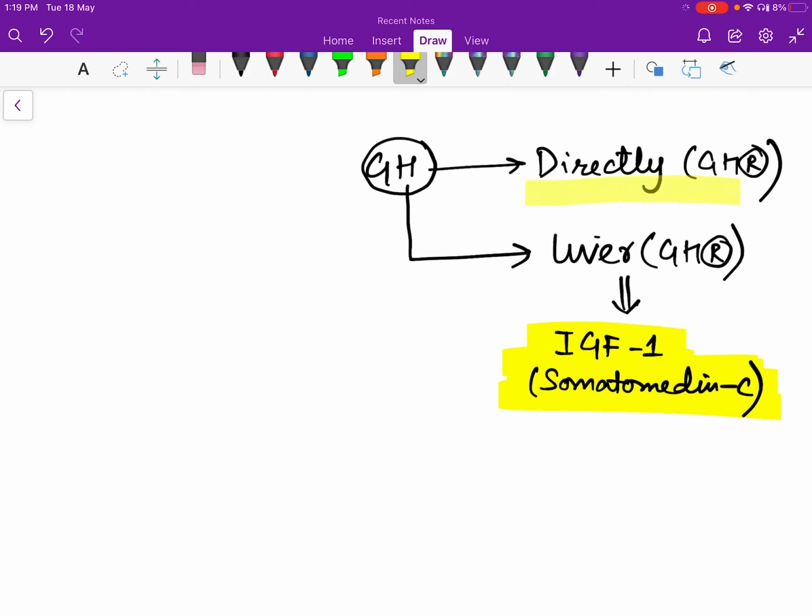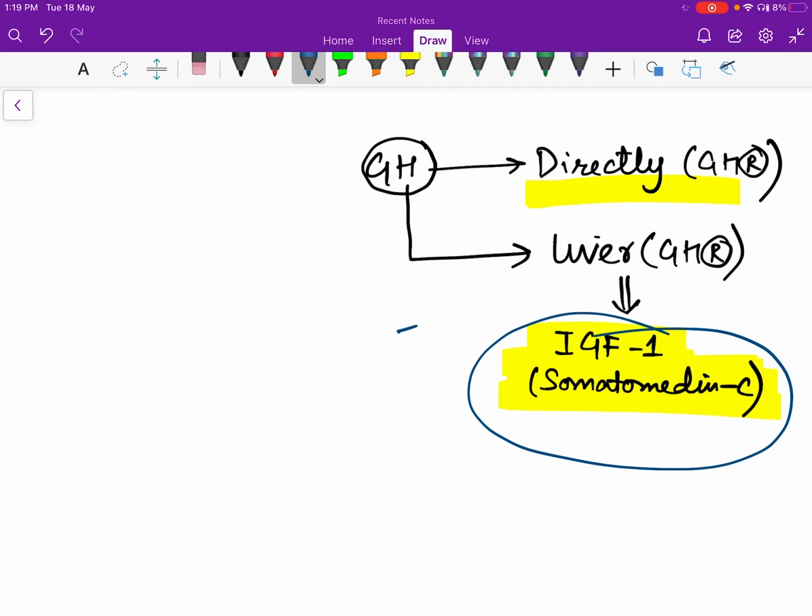So, these are the direct actions, and the actions produced by insulin-like growth factor 1, somatomedin C, are the indirect actions of growth hormone.